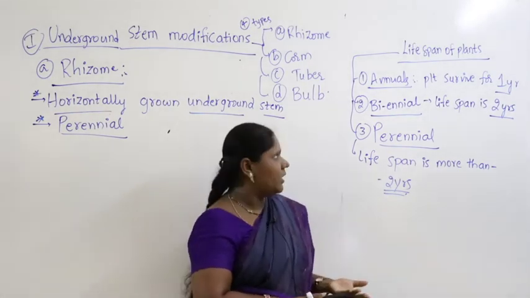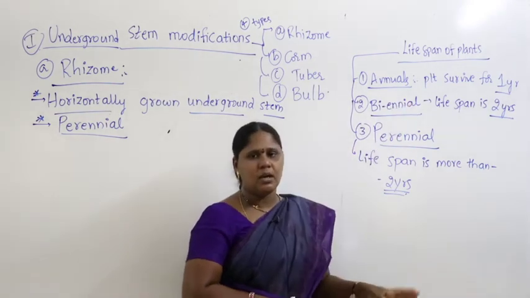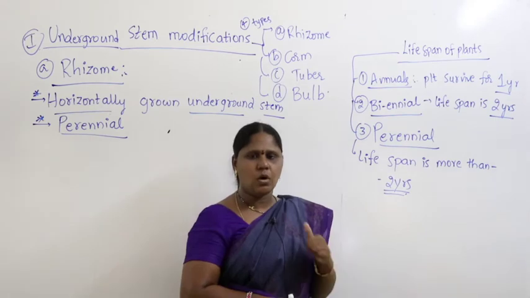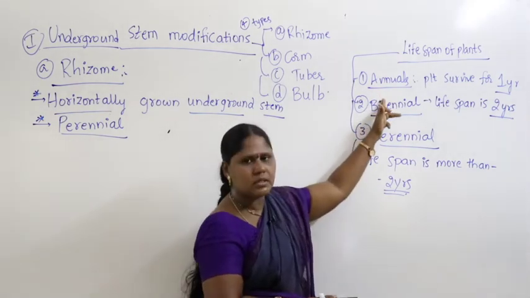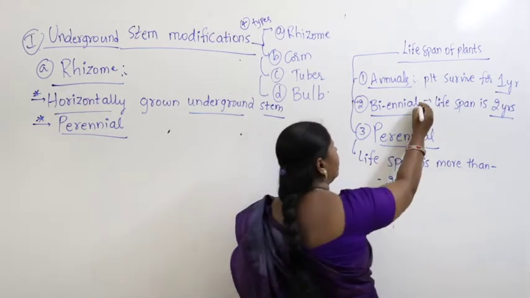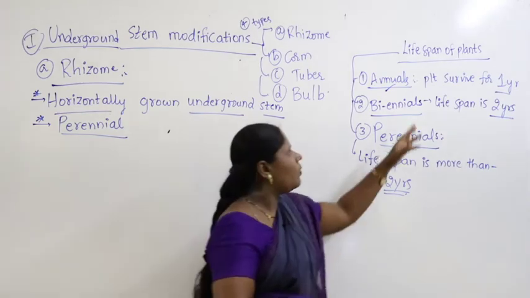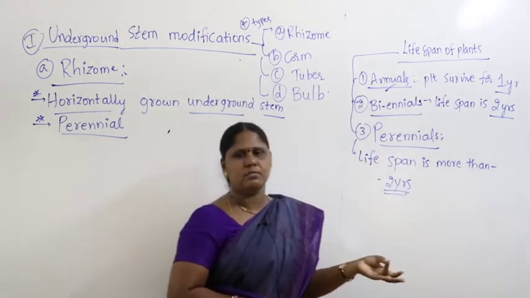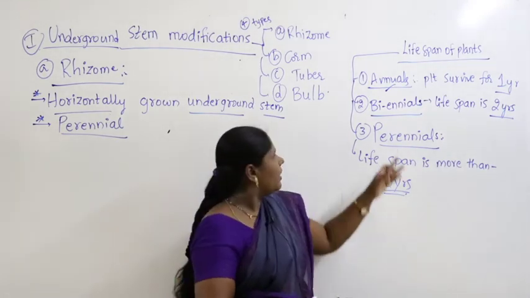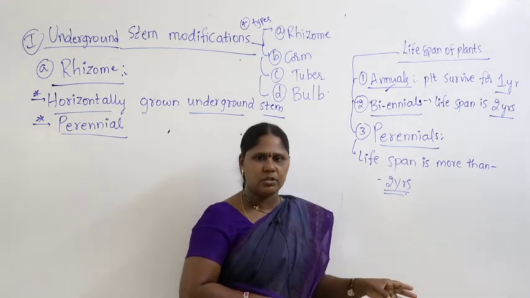Let me repeat what we have written. According to the lifespan of plants, plants are generally divided into 3 categories: annuals, biennials and perennials. Annuals are the plants which survive for 1 year, like rice, wheat, jowar, bajra, sorghum. Biennials have a lifespan of 2 years: beetroot, radish, carrot.